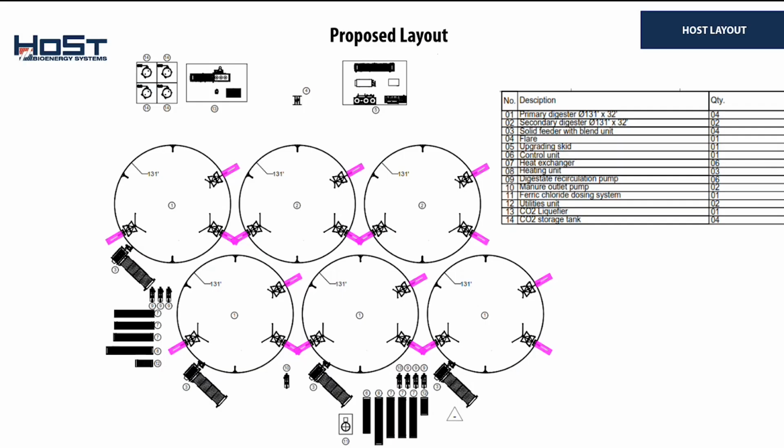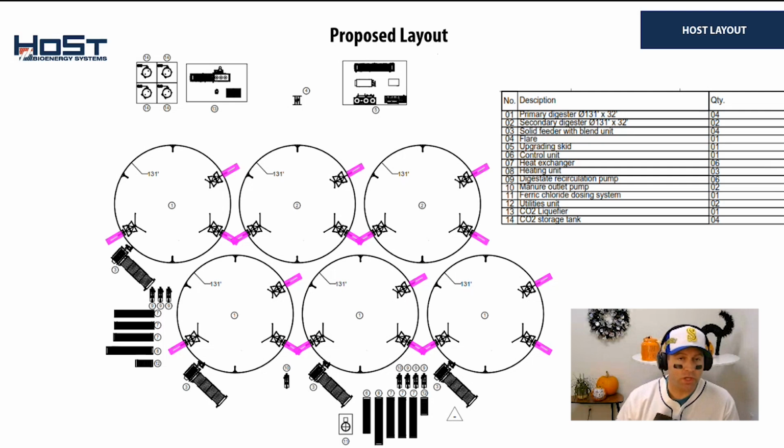So we looked just at our solid feeders, which are represented here. And so this is a realistic layout for this proposed project. We have 4 primary digesters, which would be these 4 here, and 2 secondary digesters, these 2 here.